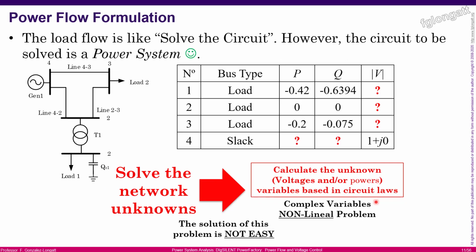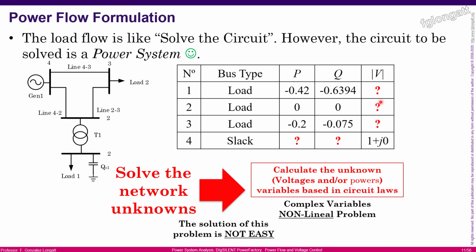But now let's go to the power flow formulation. Power flow formulation is a bit more complicated, however, it is similar to what we discussed before. In circuit analysis, we have voltages and currents, and we have one parameter that is the resistance. But in power flow, for each bus bar, you can see over there a table, and there are some known and unknown variables.